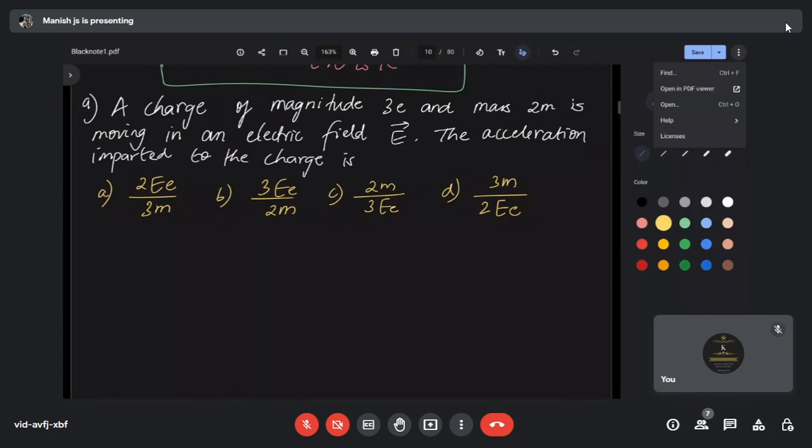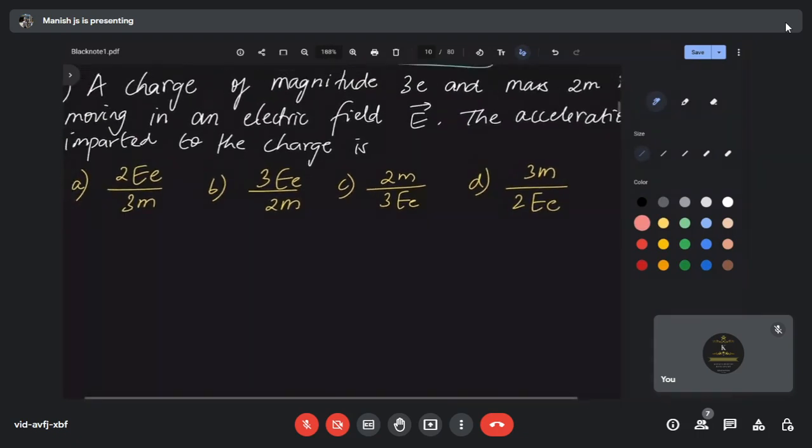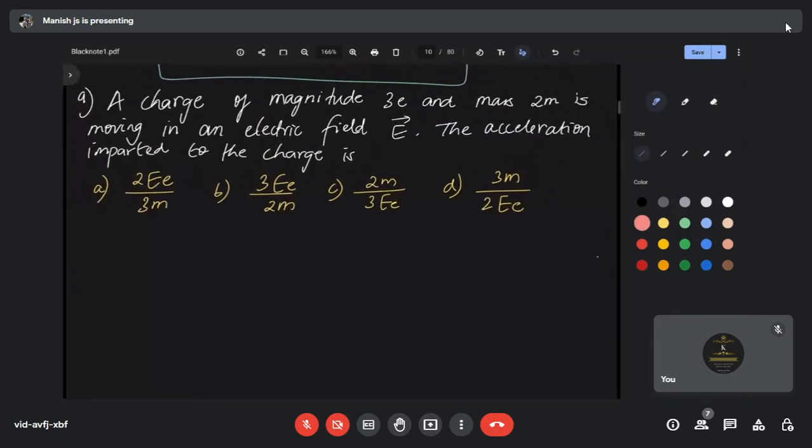What is Newton's second law of motion? Formula. Rate of change of momentum is directly proportional to applied unbalanced force. கரெக்ட். நான் ஃபைனல் எனக்கு ரிசல்ட் மட்டும் தான் வேணும். இப்போ நம்ம டெவலப் பண்ண முடியாது. Mass into acceleration. Yes, F is equal to ma.